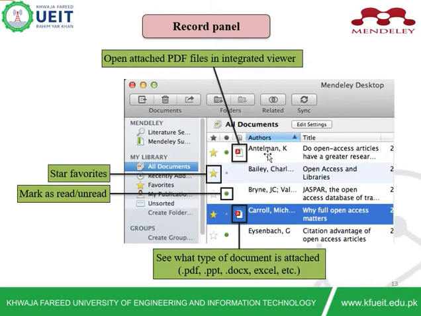This is the record panel. So here when you see this logo, it means that whichever file you have inserted has a PDF file, and you can open the attached PDF file in the integrated viewer.